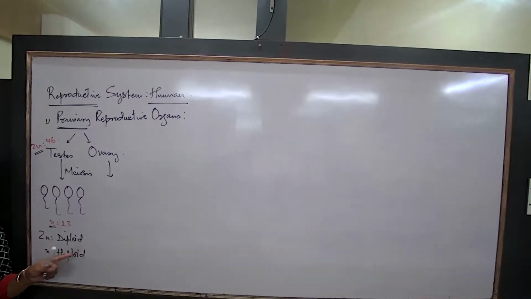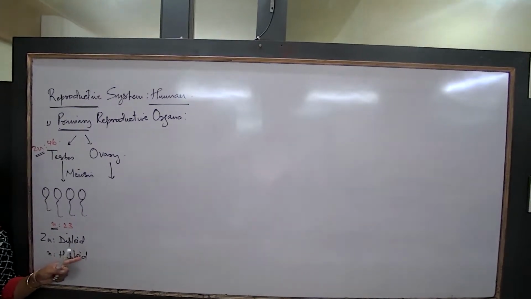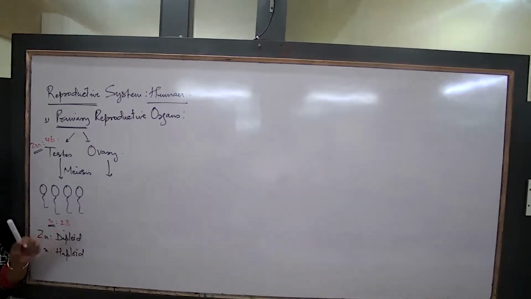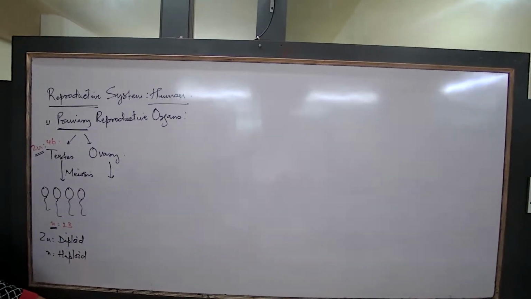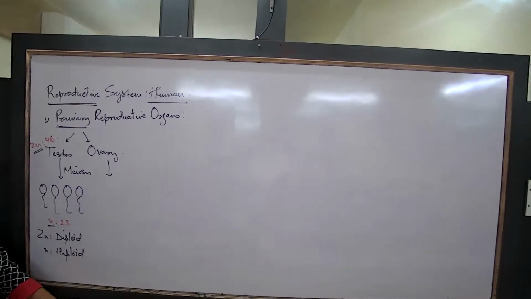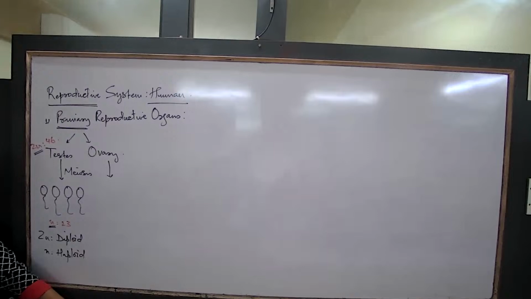So what do you understand by that statement? The diploid number of testes is 46. The diploid number of ovary is 46. Meaning, what is the number of chromosomes in every cell of the ovary? Now, it is not only the ovary and the testes, remember. What is the number of chromosomes in the skin cells? Only 46.